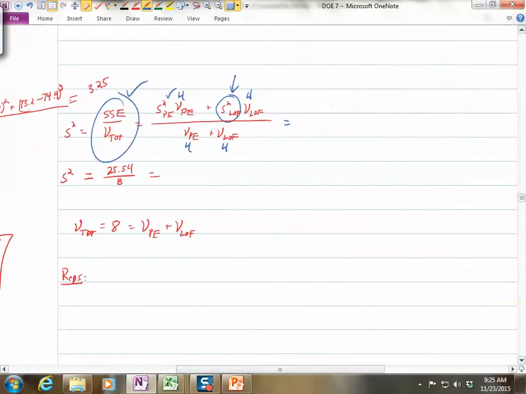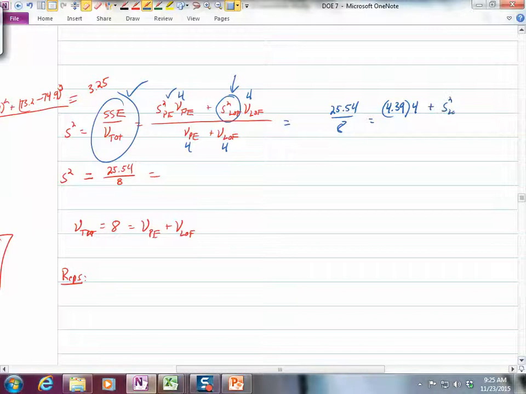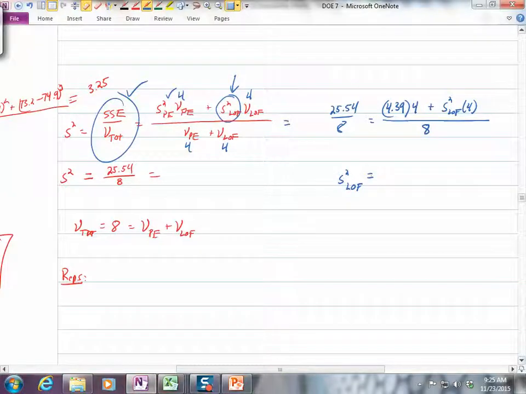It was something like 25.54 divided by 8 equals, we had 4.39 for S squared of pure error times 4.